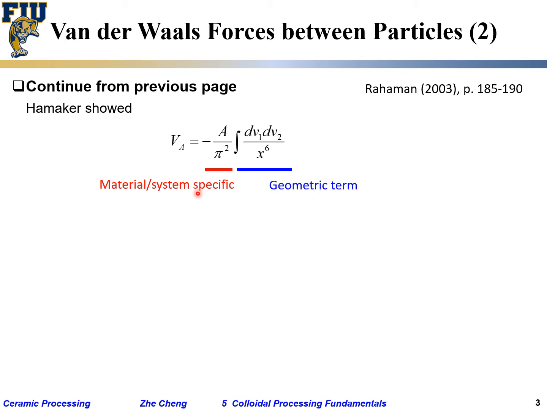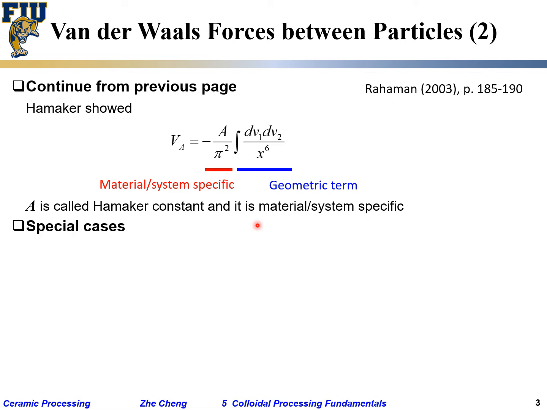The other part is completely geometric, right? You just integrate over the volume. And if you have different particle size, particle shape, or different distance, you would have a different geometric term. And this A constant is called the Hamaker constant. It's material or system specific.